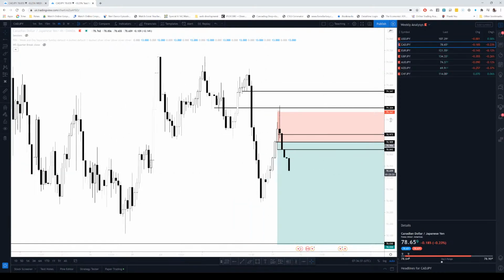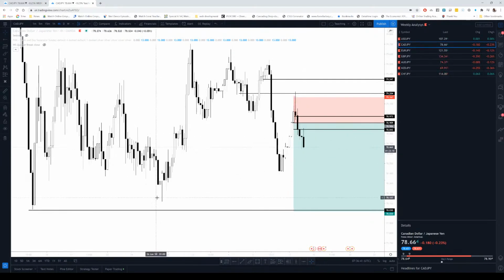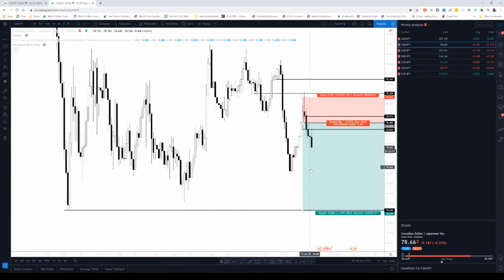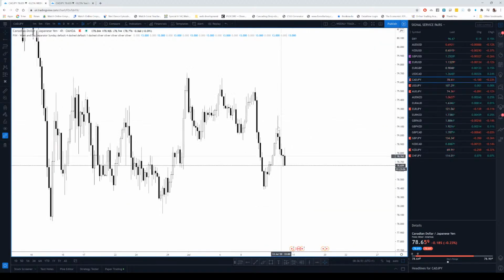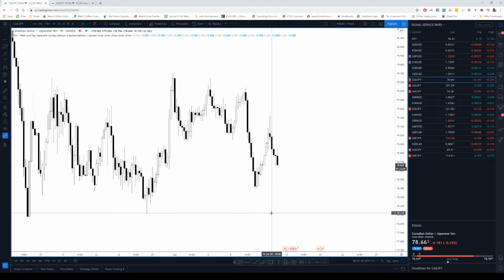And I love this one because there is this low, that low, and that low waiting to be taken. All right, so let's jump back onto this. If you are short, just let it run. We're going to take something off here, something off there, and something off here as well. Let's see if we can get that.